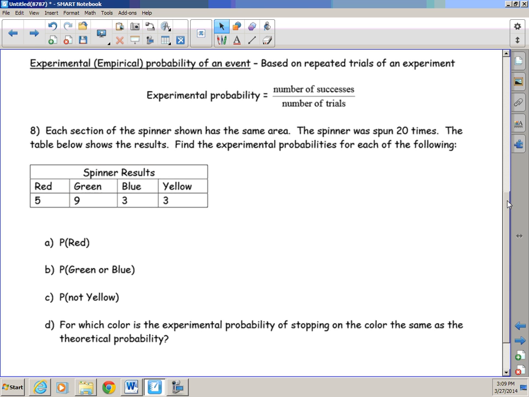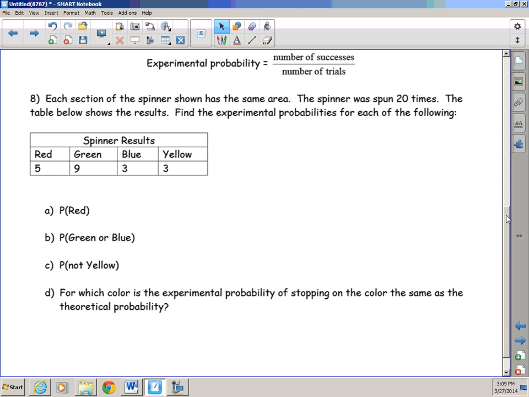So, in other words, we have a situation where somebody had spun a spinner 20 times, and the spinner has red, green, blue, and yellow. And they had 5 red, 9 green, 3 blue, and 3 yellow. So they had a total of 20 spins.